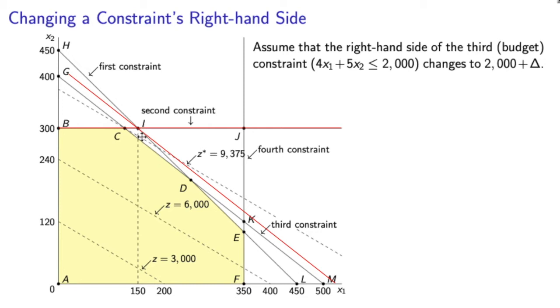Because look, we have first, second, and third constraints intersecting at this point I now, after we move the third constraint up to here.